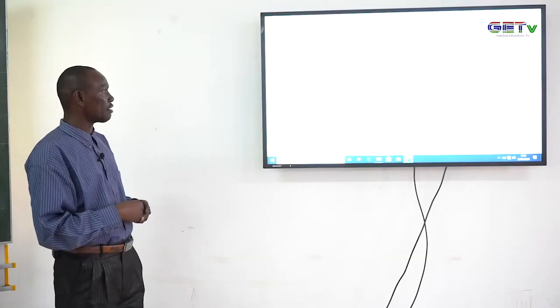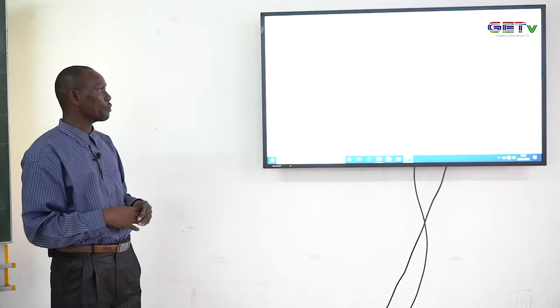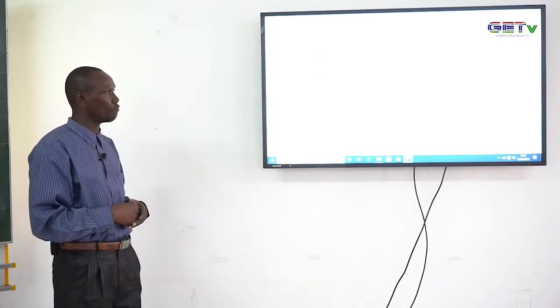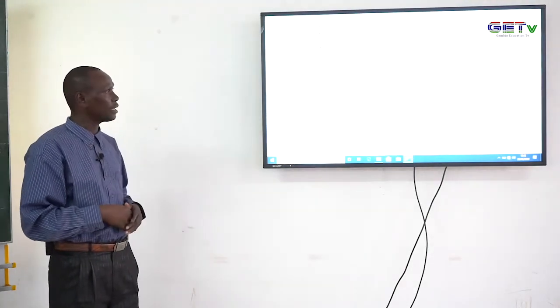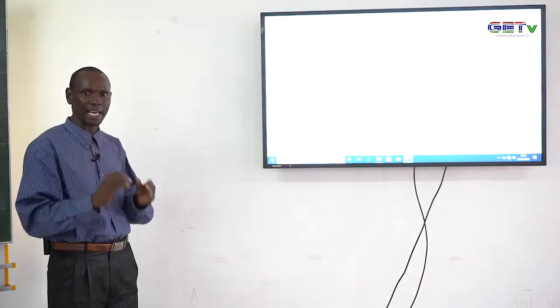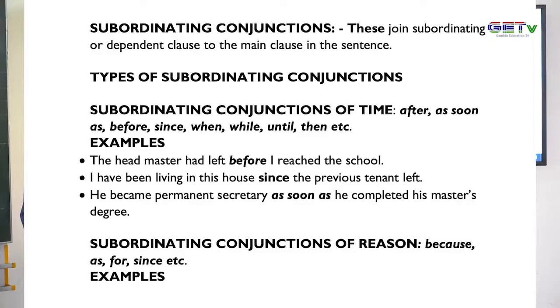Now we're moving on to a different type of conjunction. Already we talked about coordinating conjunctions, and we've talked about other categories under it. Now we're moving on to another type of conjunction, which is subordinating conjunctions. These join a subordinating or dependent clause to the main clause in the sentence.